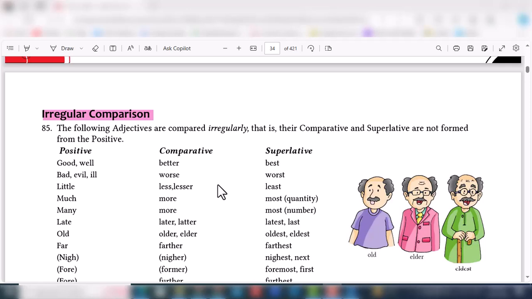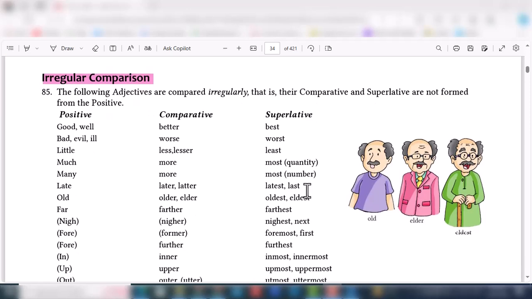But in irregulars, we have to change the spelling to make the comparative and superlative, as you can see in this picture: old, older, elder, and eldest. We change the spelling and then make the comparisons of these three people.